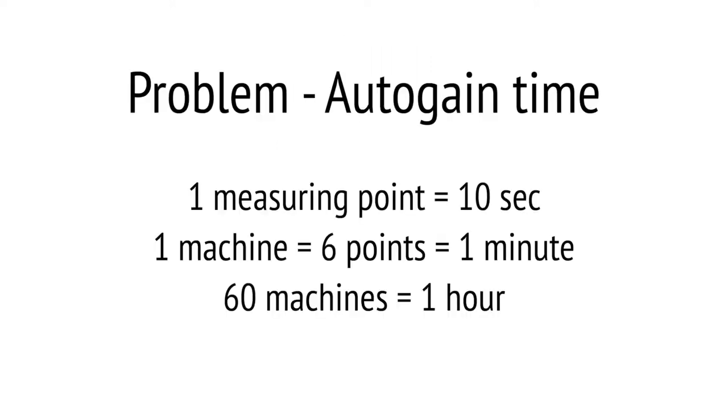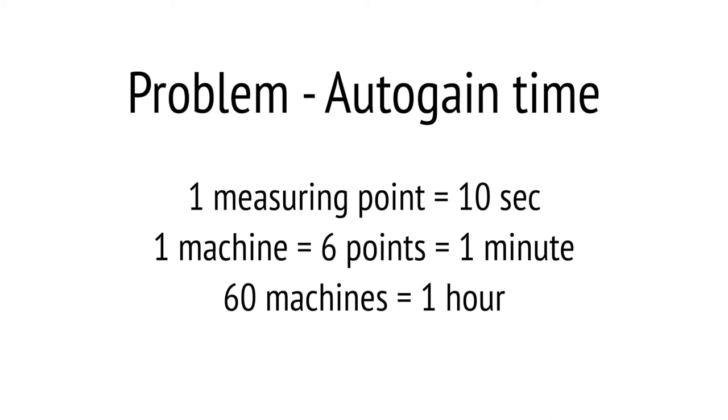The first, but not main problem, is the lost time. For a low-speed machine, the auto-gain may take 10 seconds for 1 point. It means 1 minute for a machine with 6 points and 1 hour for 60 machines. If you have to measure hundreds of machines, then it is significantly wasted time.